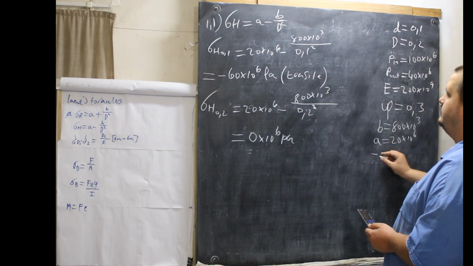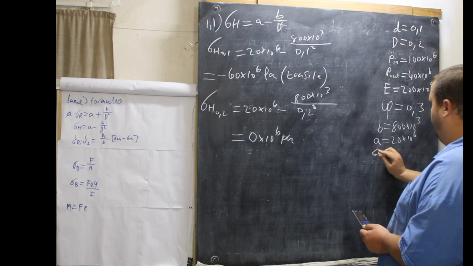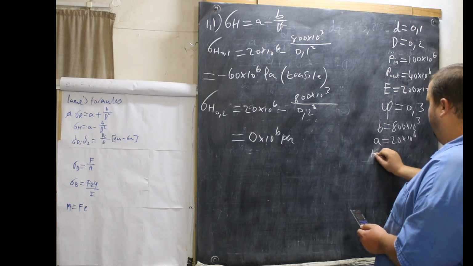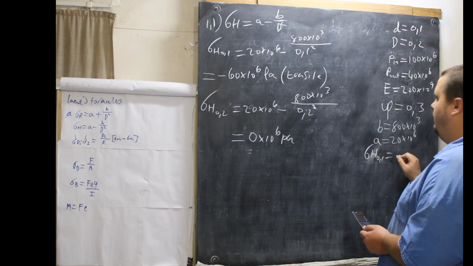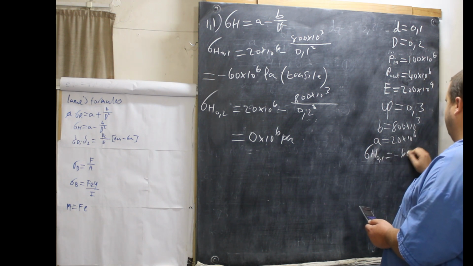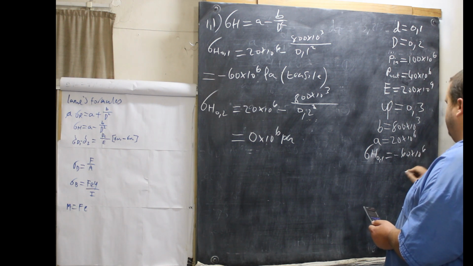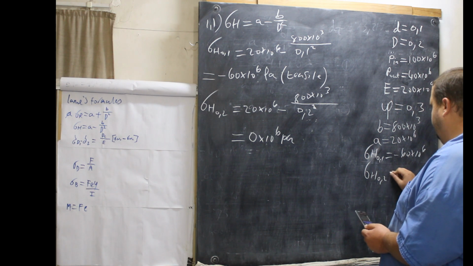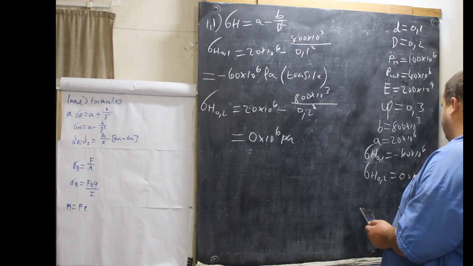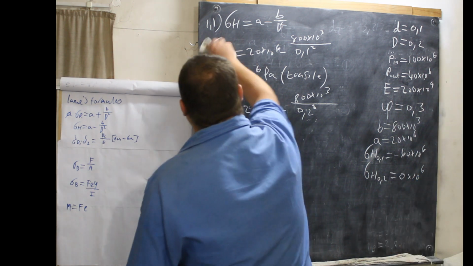So hoop stress at 0.1 is negative 60 times 10 to the 6. Hoop stress at 0.2 equals 0 times 10 to the 6.